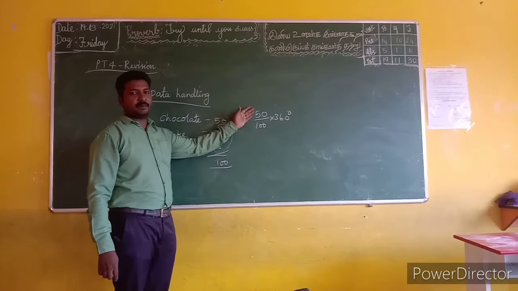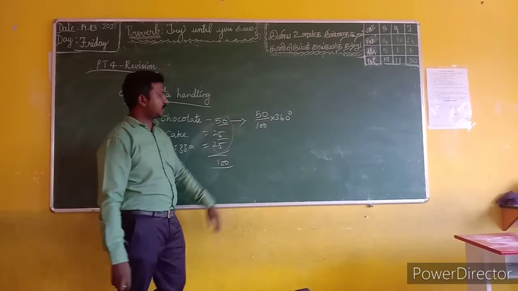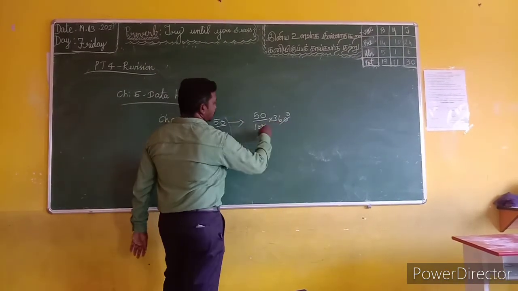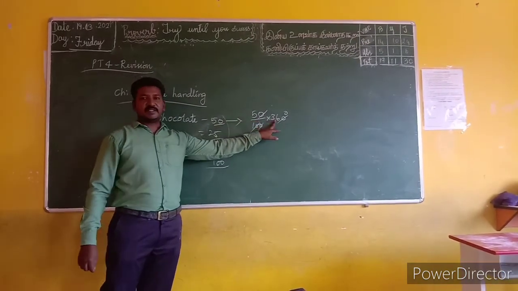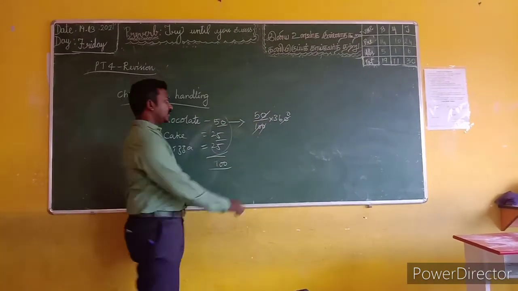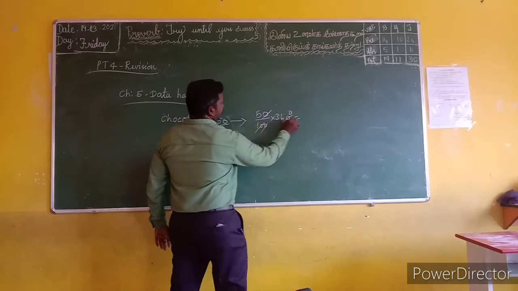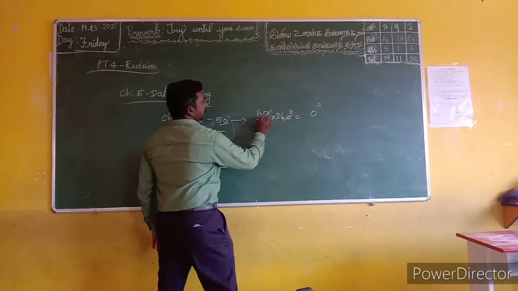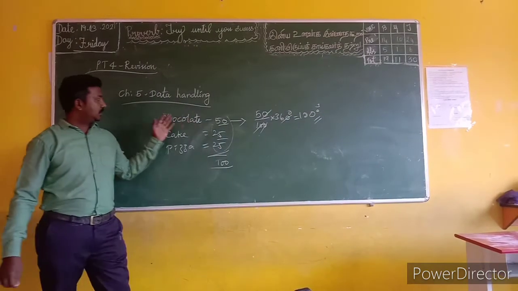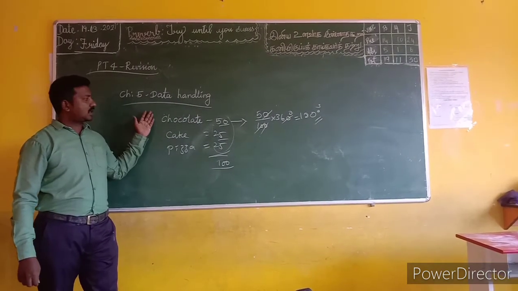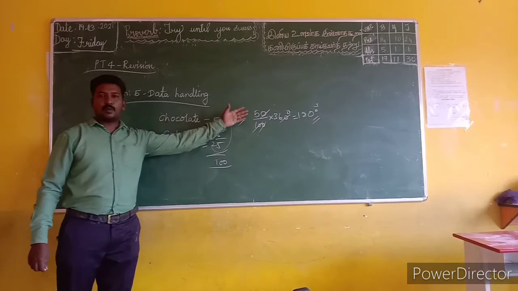So 50 by 100 into 360 degrees. You can cancel the zeros, and also cancel the zeros. Remaining 5 and 36. You can multiply 5 times 36, which is 180 degrees. So in this pie chart, chocolate will have 180 degrees.